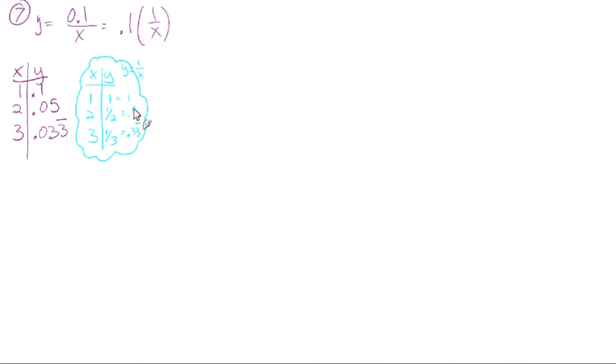So when we go to graph this, let's look at these values. Let's graph the 1 over x function. So it goes through 1, 1, 2 and 1/2, 3 and 1/3. Let's even make this bigger. Scale this up.